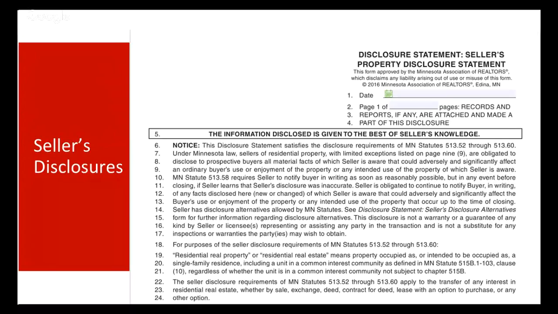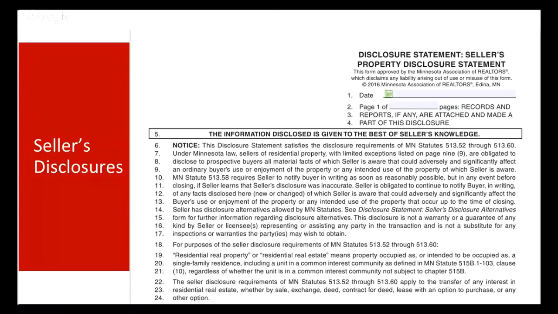Sellers are obligated to disclose to prospective buyers all material facts of which seller is aware that could adversely and significantly affect an ordinary buyer's use or enjoyment of the property. So material facts are things that would affect a buyer's use or enjoyment of the property, or any intended use of the property of which the seller is aware.